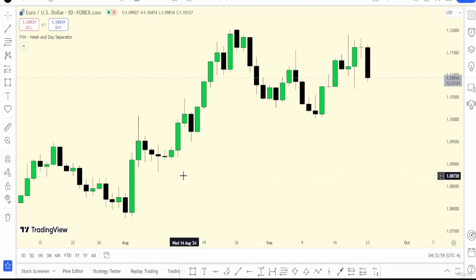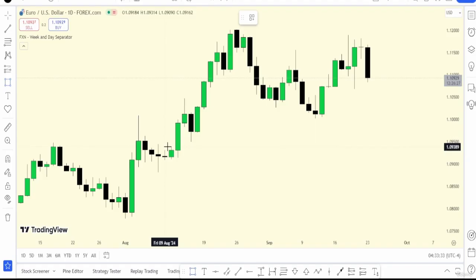Okay, a fair value gap is created when you have a set of 3 consecutive candles, for example in a bullish trend or a bearish trend. It's the gap between the wick of the first candle and the wick of the last candle. So I'll be showing you different examples in the chart.